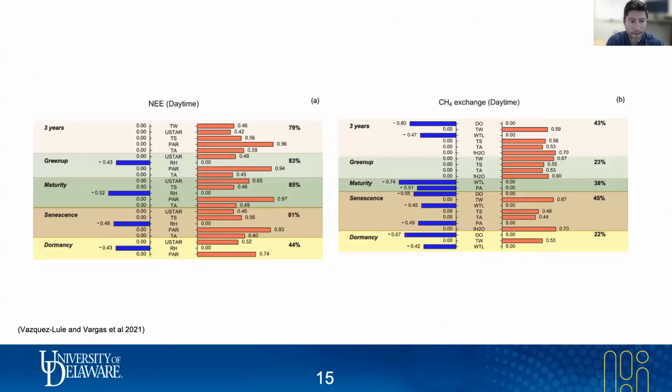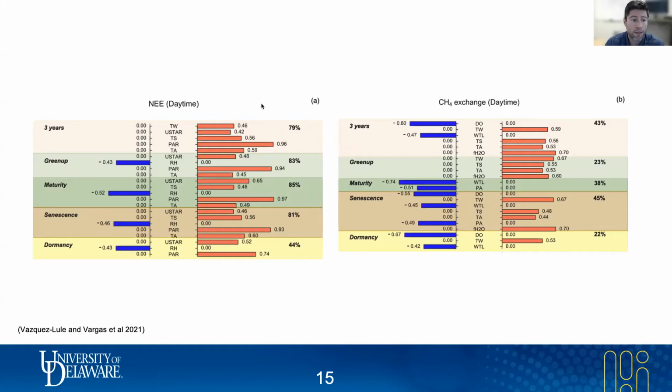This is a complicated diagram, but I want to bring your attention to the modeling of these fluxes. Again, I'm trying to identify the drivers, but the take-home message of these diagrams is that net ecosystem exchange of CO2 is relatively easier to represent in comparison to methane.